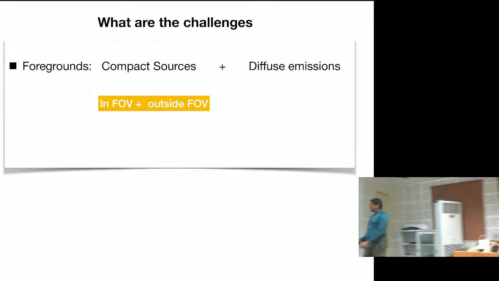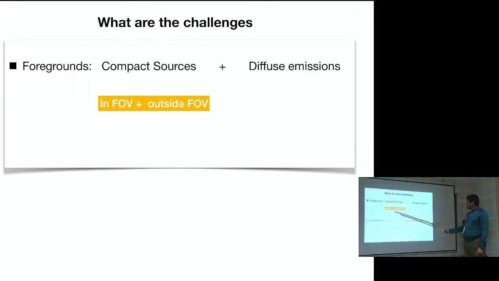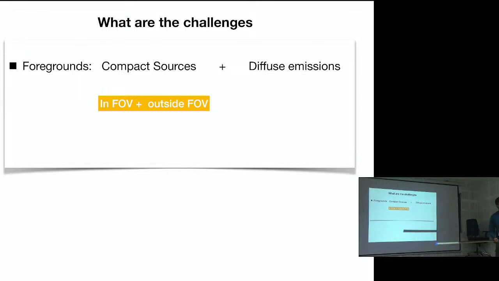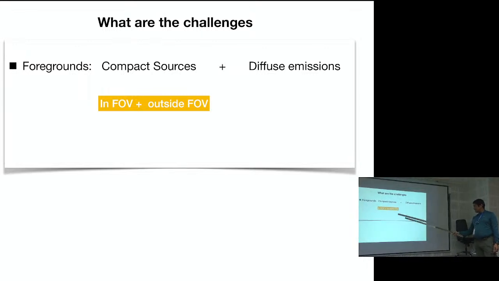This type of problem is more for the compact sources, because the diffuse emission really doesn't do that much. It does, but you will see why I said it doesn't do that much, but mostly for the compact sources. So in field of view sources, one can take care of, because for the point sources you can make a nice image.